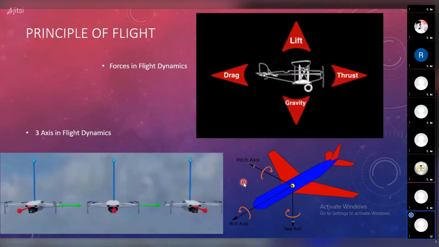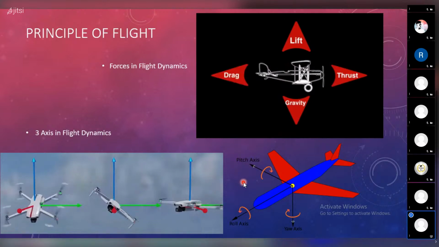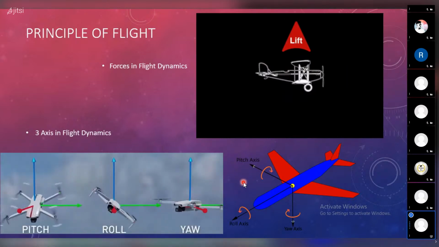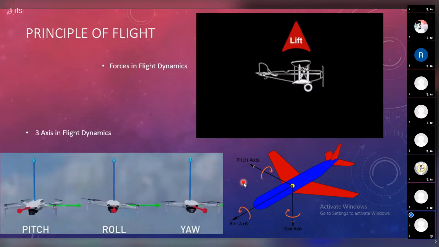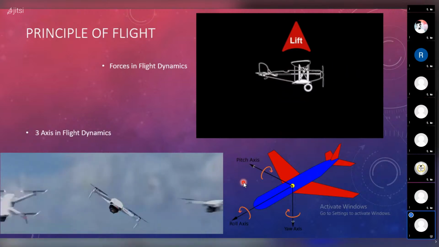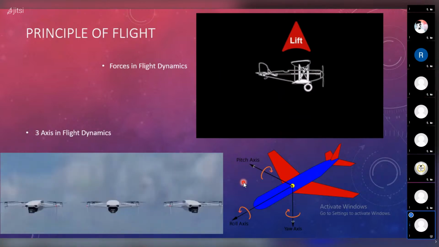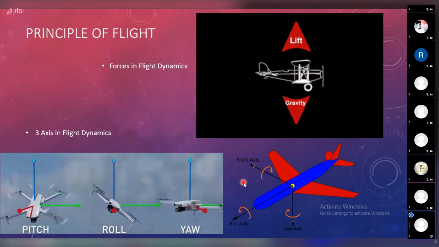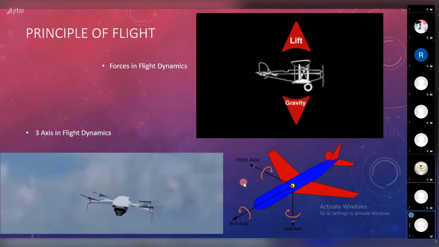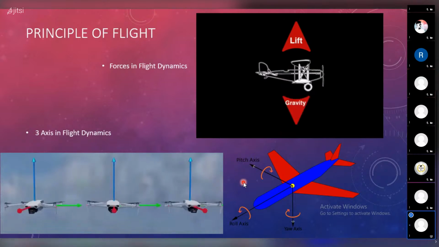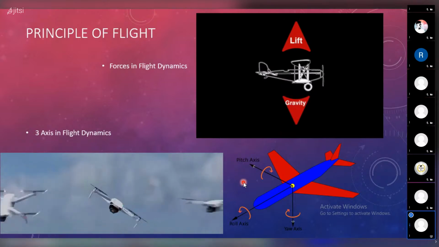The drone uses the same principle as an aircraft. For an aircraft to successfully fly, there are four forces that need to be addressed. That is the weight of the aircraft itself, that is weight due to gravity. To overcome that gravity, there is the lift force that is achieved either by the shape of the wings, that is the airfoil shape of the wings of an aircraft, and for a drone, it will be the shape of the propellers, which we'll be discussing ahead as we go through this webinar.